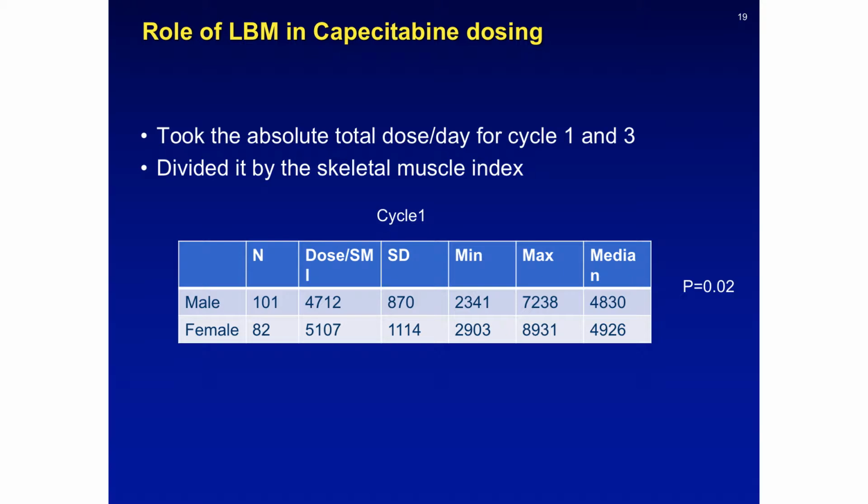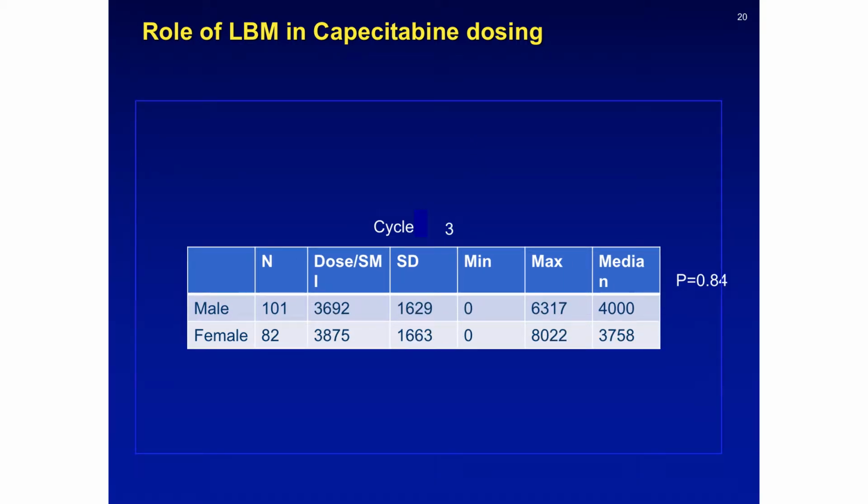After 3 cycles, though, after the medical oncologist had adjusted the dose to each patient's tolerance, both men and women, numerically they were almost the same, and statistically speaking, you could not prove that they were actually different.